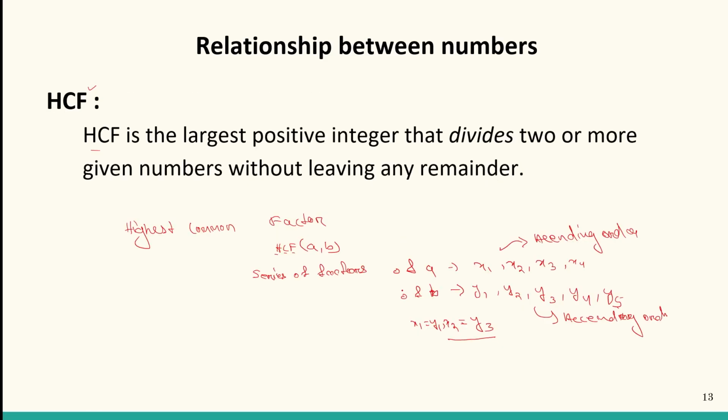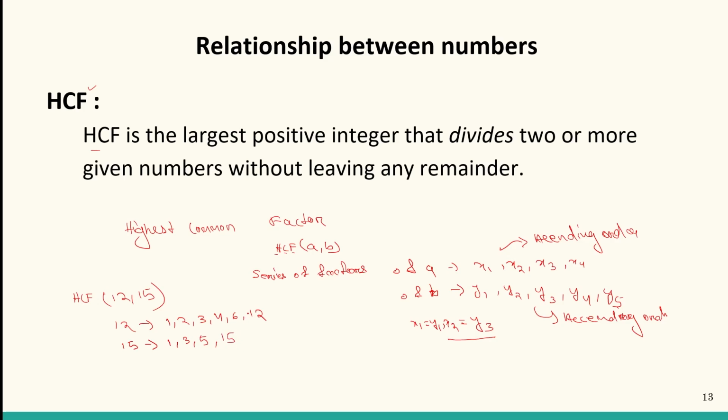So let's say you want to find the HCF of 12 and 15, highest common factor. You need to find the factors of 12, that is 1, 2, 3, 4, 6, 12 itself. And for 15, it will be 1, 3, 5, 15 itself.